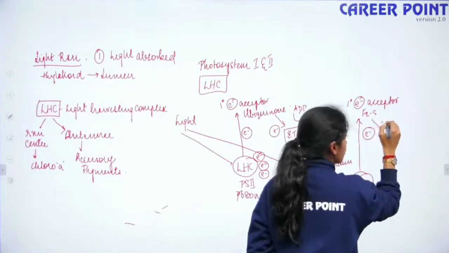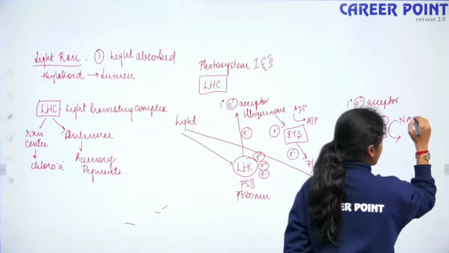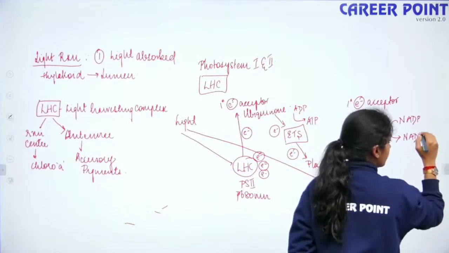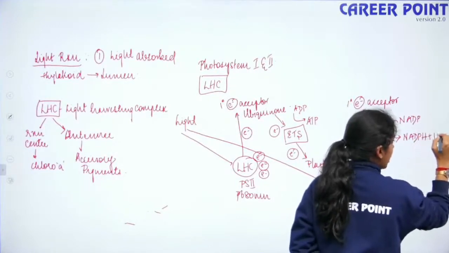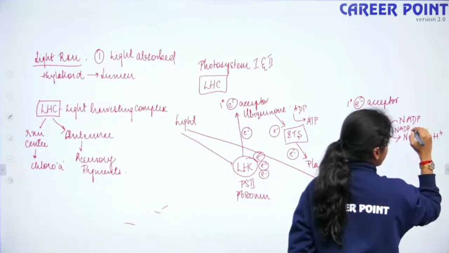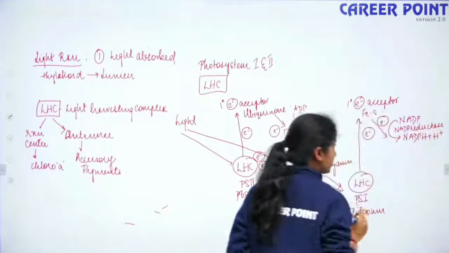Now the electrons move downhill. When they do, there is a reduction of NADP into NADPH plus H plus, and here the enzyme is NADP reductase. So this causes the reduction.